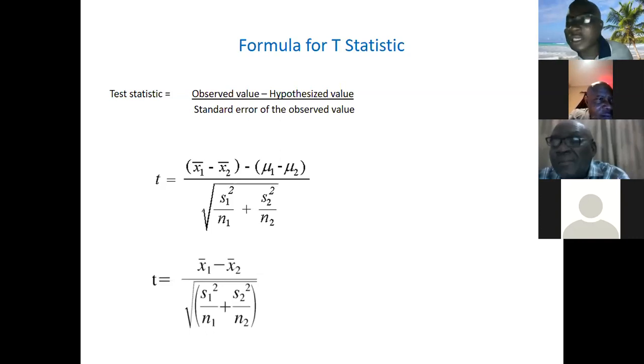Then the alternative hypothesis says that there is an association or relationship between blood pressure and salt intake. So if one is true, the other one will not be true. Mutually exclusive means that if one is correct, the other one cannot be correct.